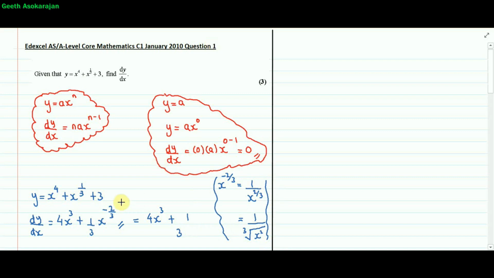So you could rewrite this term as 1 over 3 into the cube root of x squared. So you can rewrite it back in the form of a root, or you can leave it like this. Nonetheless, this should be the solution to question number 1.